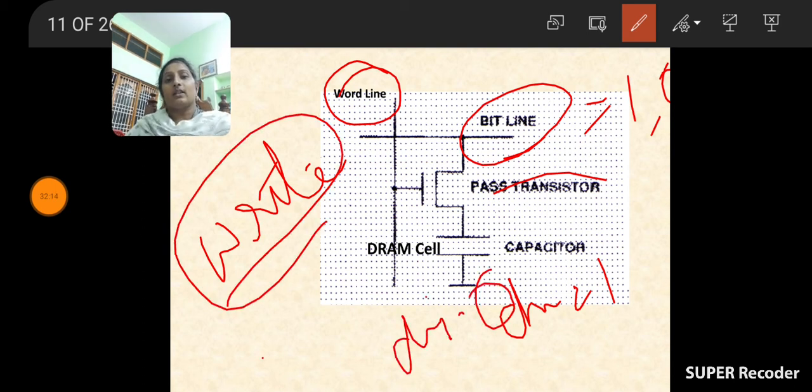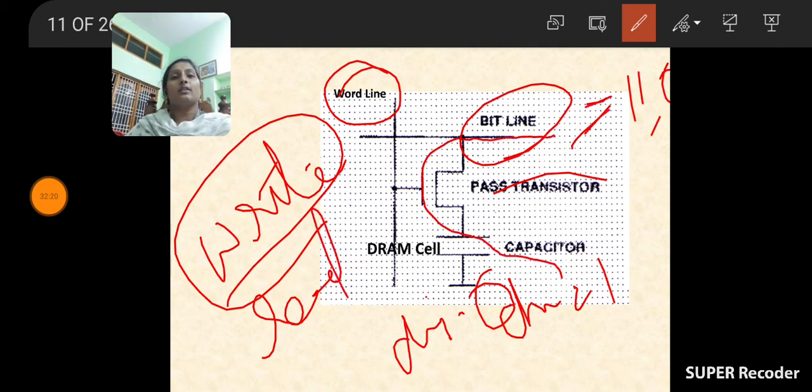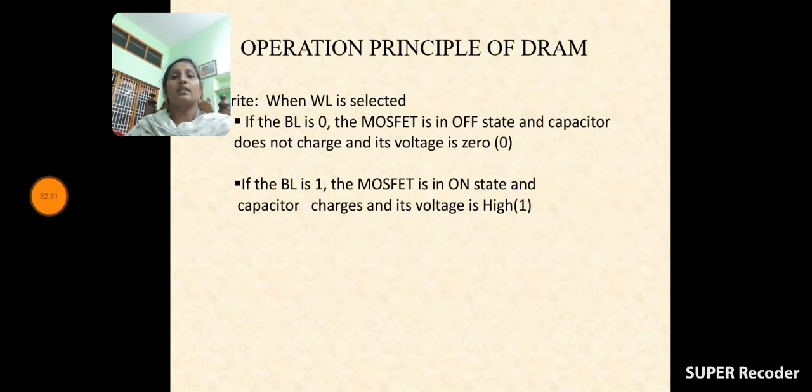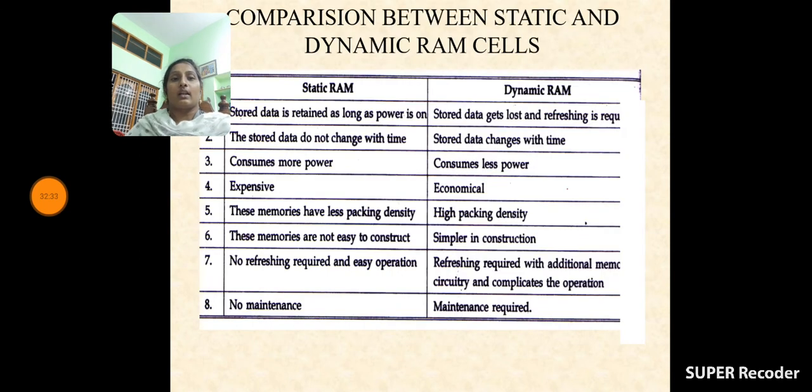And next one, in read operation, if bit line is equal to 1 means the capacitor voltage is discharged through the bit line and it will give the bit 1 to us. If bit line is equal to 0, no output will be produced. Is it clear? This is the simple circuit diagram of dynamic RAM.